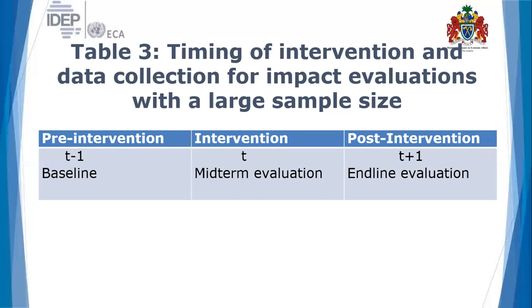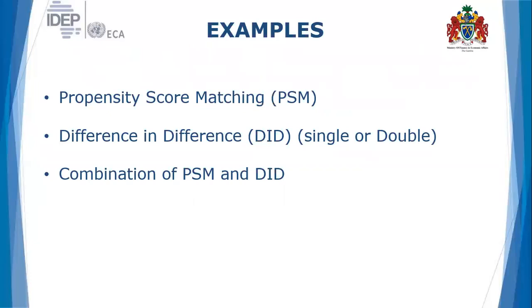The last phase is post-intervention evaluation, which is also known as end-line evaluation, that is done at T+1 period. Examples of quasi-experimental techniques that we'll look at in the next discussion or lesson include propensity score matching technique.